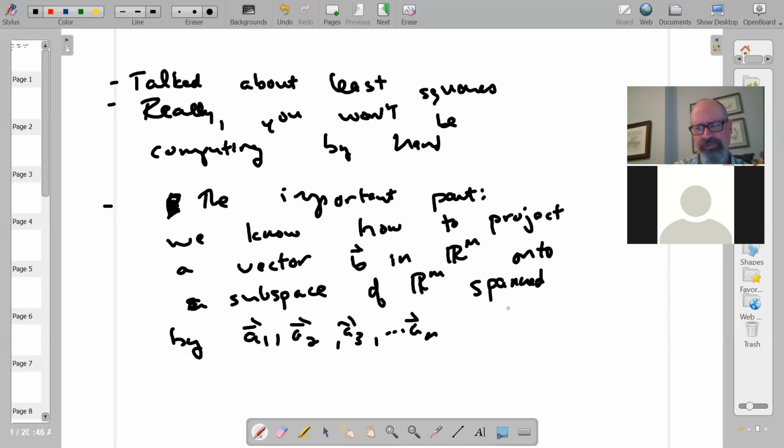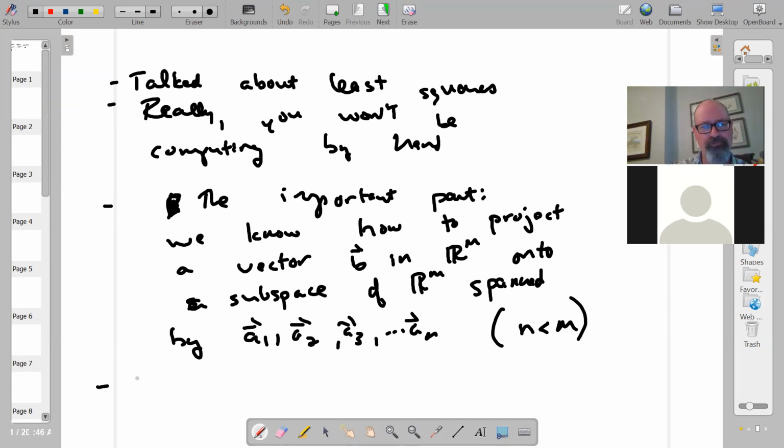For the sake of the question being an interesting one, you typically have to pick n less than m. And for simplicity, you usually assume that those vectors are linearly independent rather than dependent. Otherwise, you'd throw a few out. Really just think about a small linearly independent spanning set for a subspace. So we already know how to do this, and it's done through the so-called normal equations.